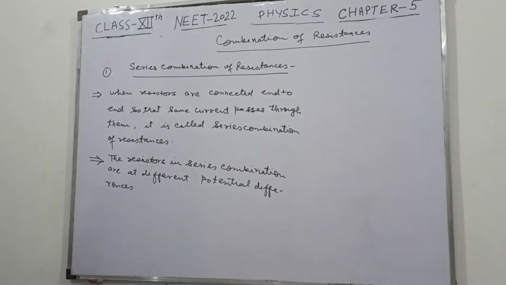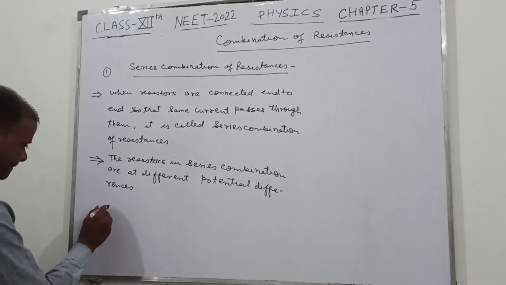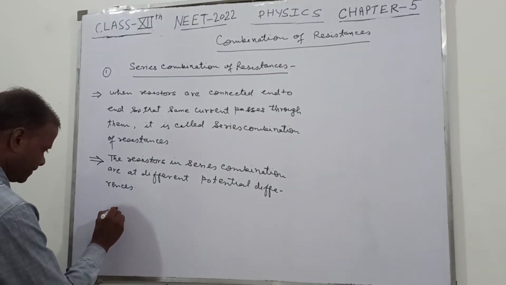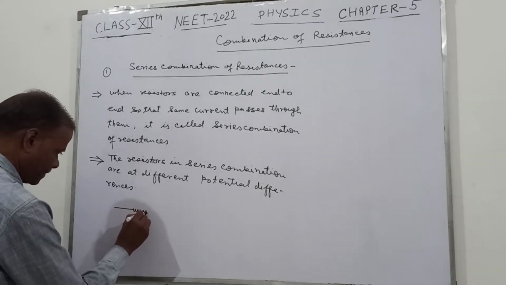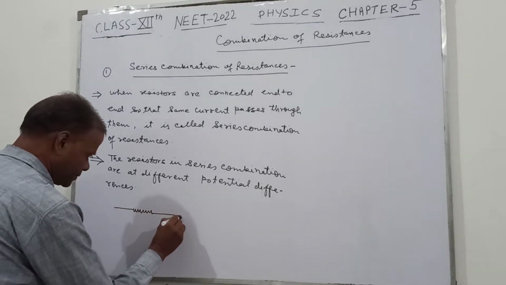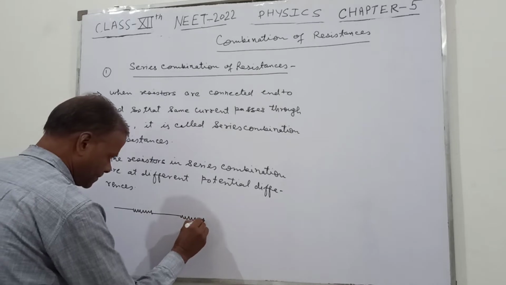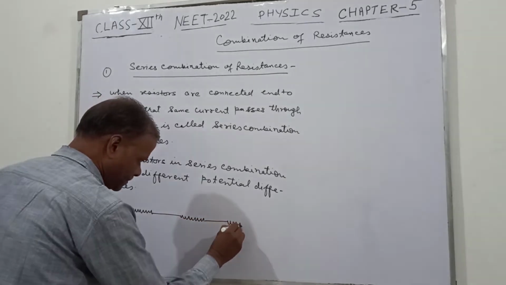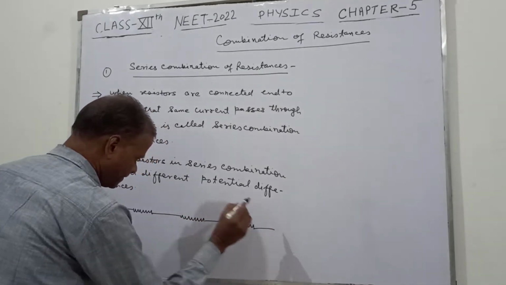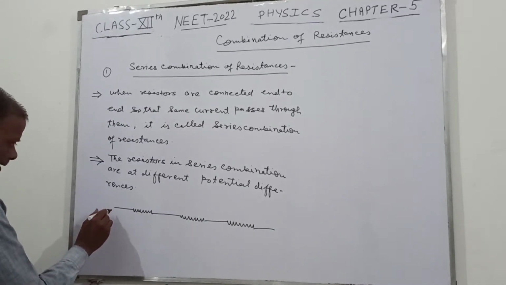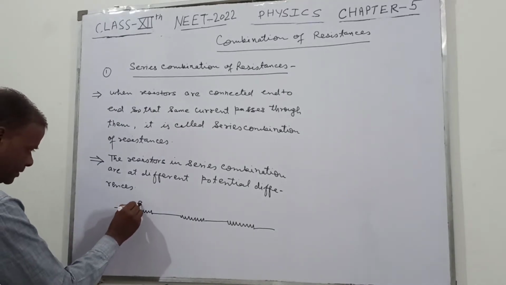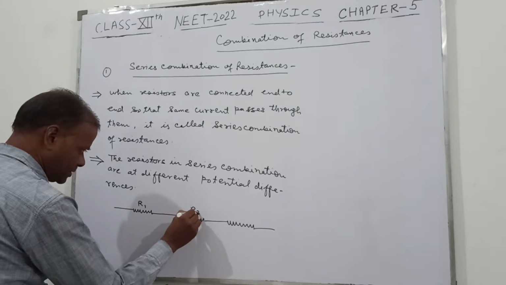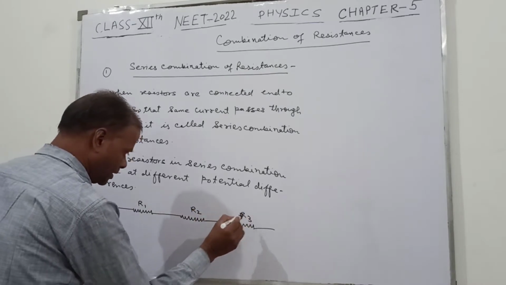So now let us take these three resistors, and this is resistance R1, this is R2, this is your R3.